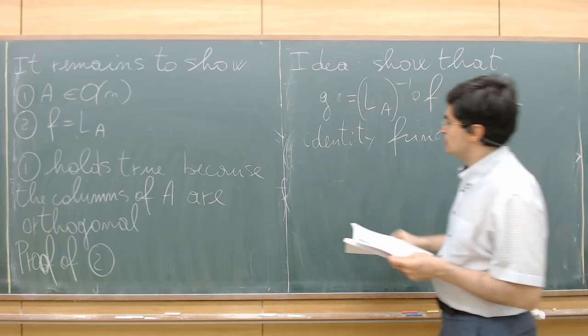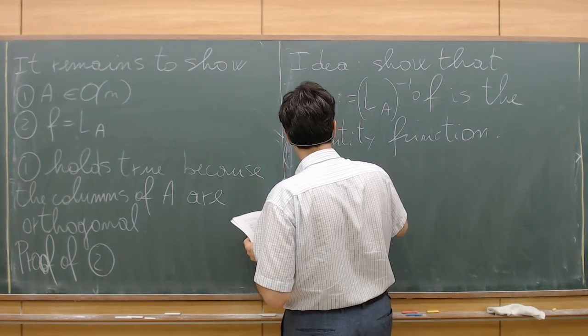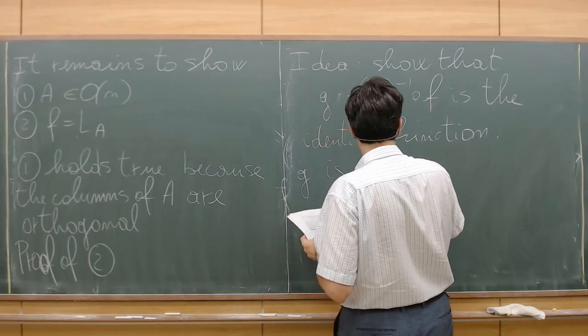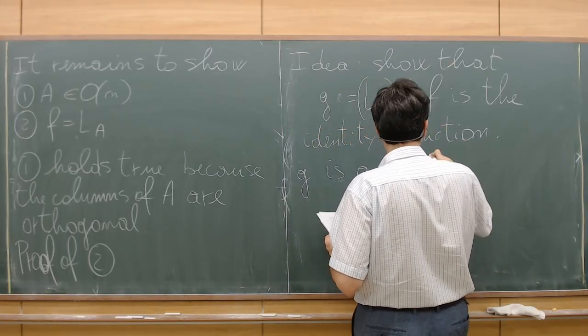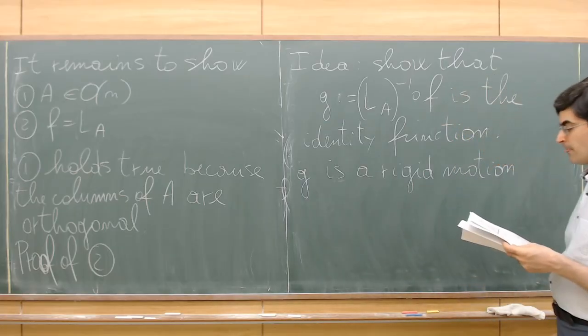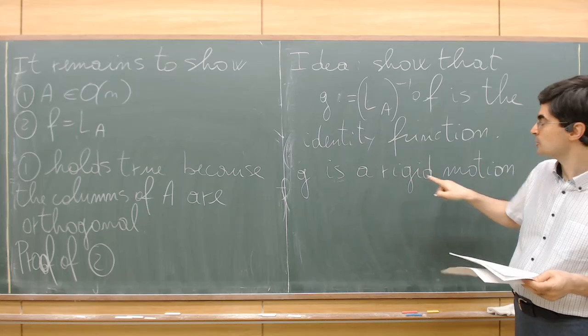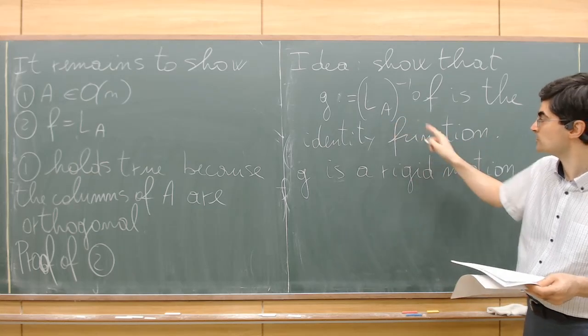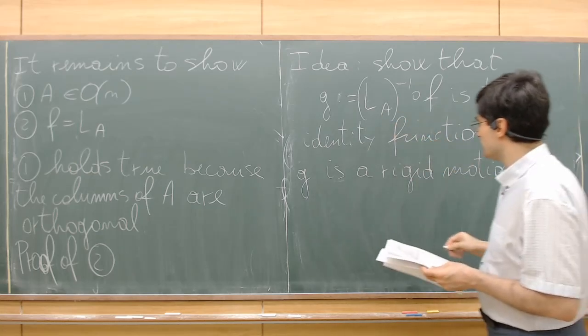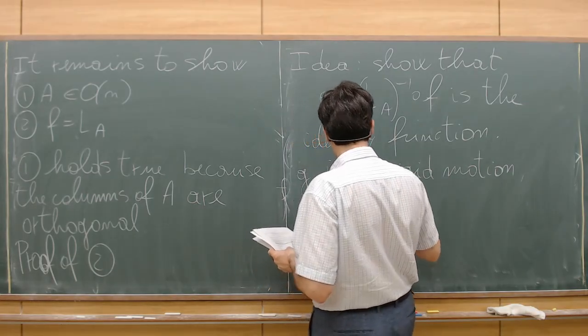Okay, so G is a rigid motion. Why? Because G is the composition of two rigid motions. And also we have that G of 0 is 0.